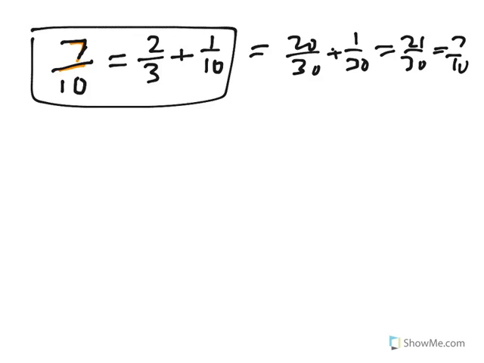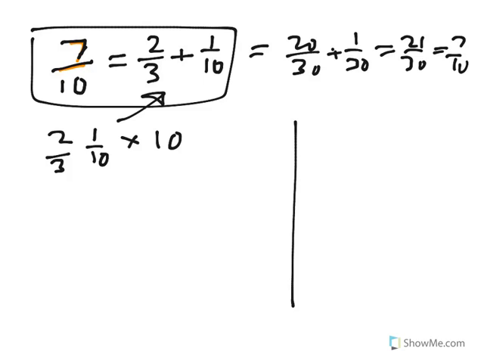And we do learn how to actually find this calculation, but we can test that the answer is right by doing 2/3, 1/10 times 10 and seeing if I get 7 to verify that it's right.